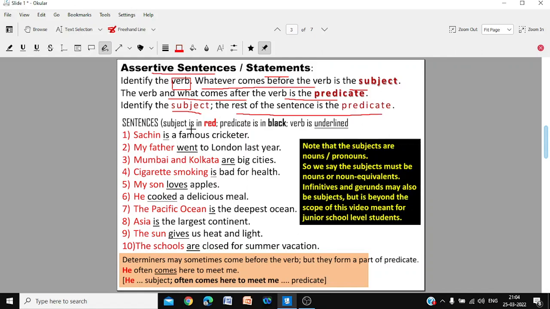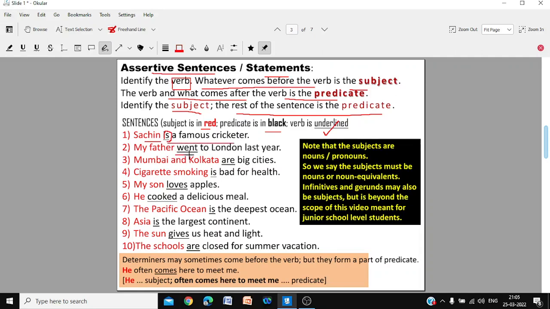Now here we have the subject in red color, the predicate in black color, and the verb is underlined. The verb is also in black, it forms a part of the predicate, but the verb is underlined. So first you identify the verb. Whatever comes before the verb is a subject, and the verb and all that follows is a predicate.